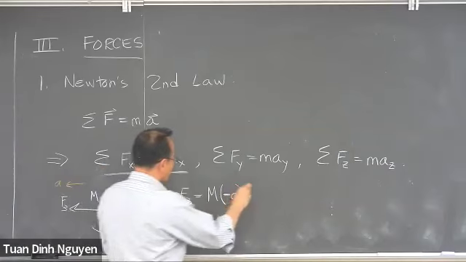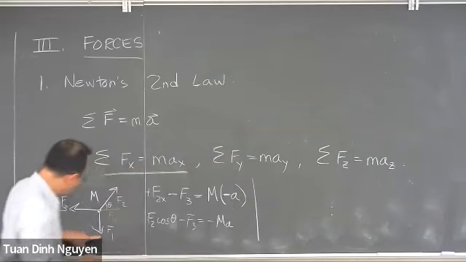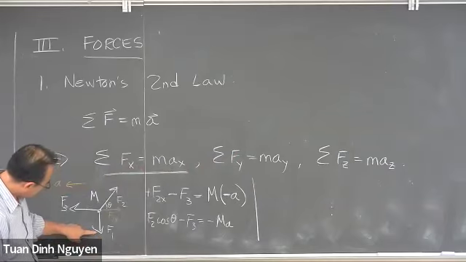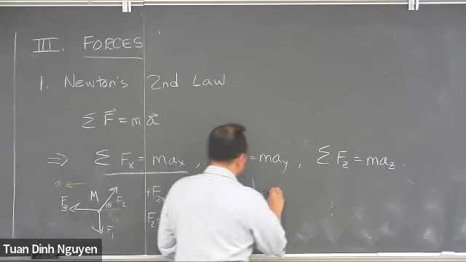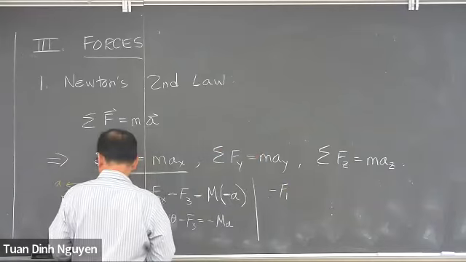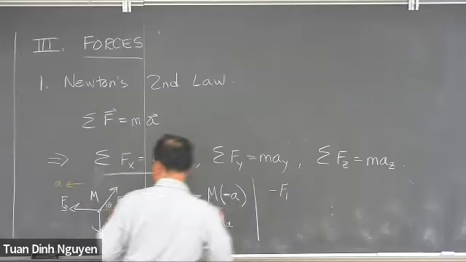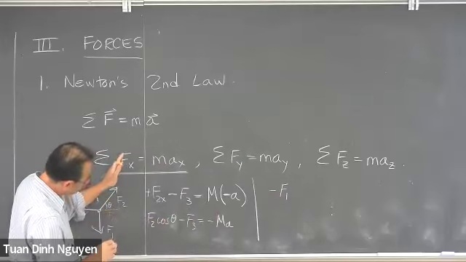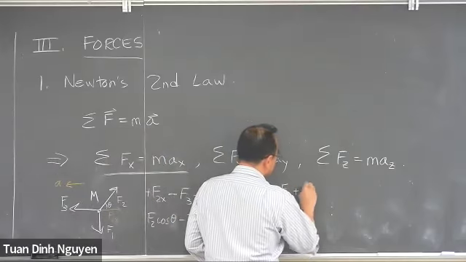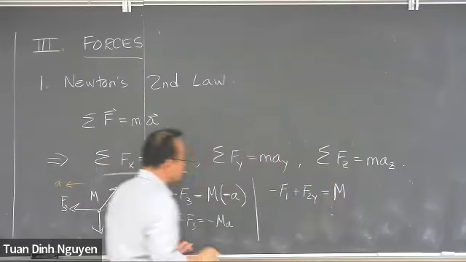And then you do that for the Y. F1, do you have a Y component? Yes, and it's negative. Does F3 have a Y component? No. Does F2? Yes, and it's going up, so plus F2y equals big M, don't put little m.